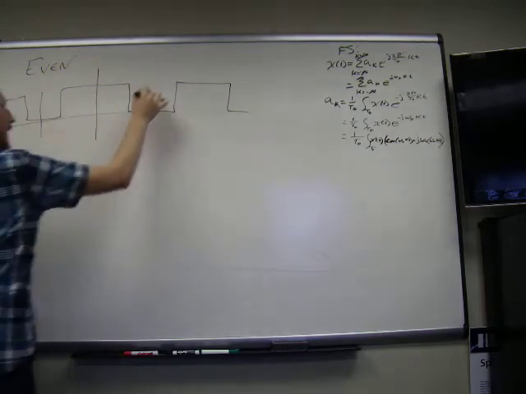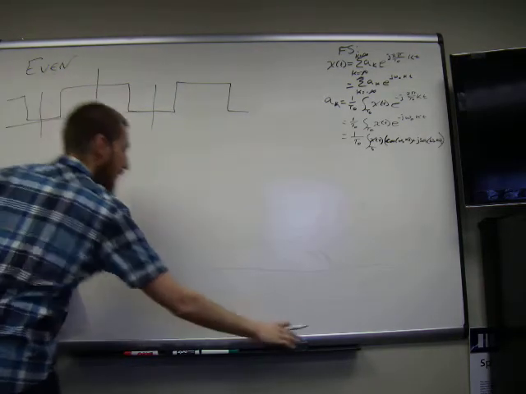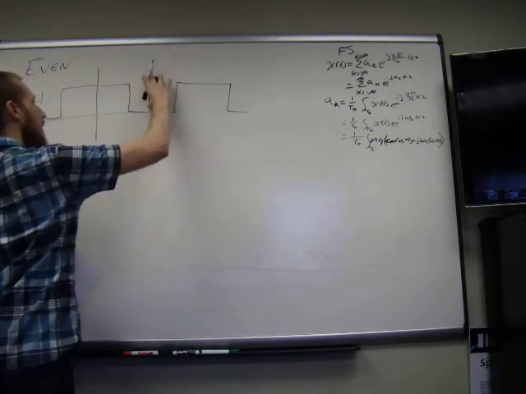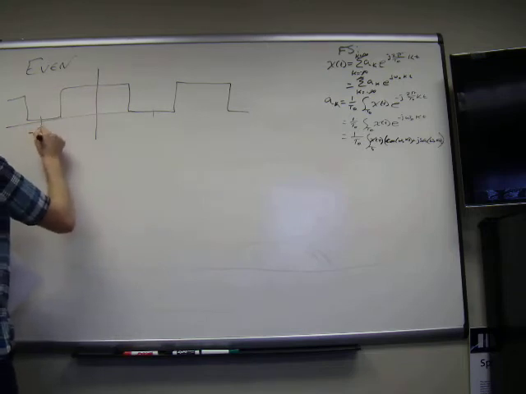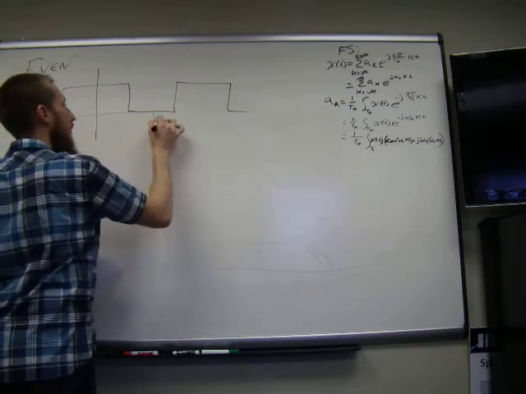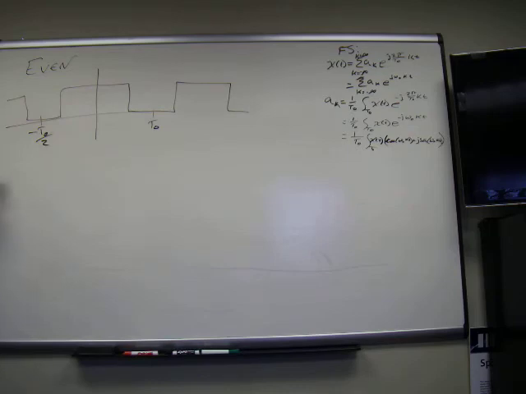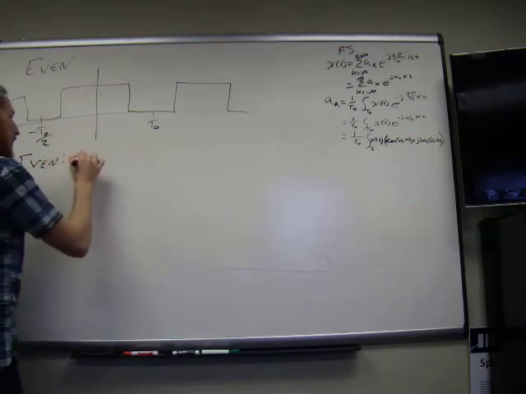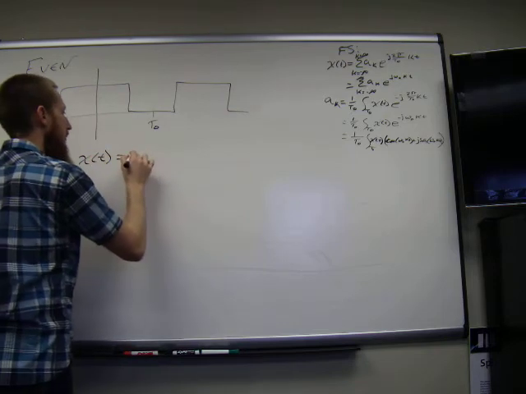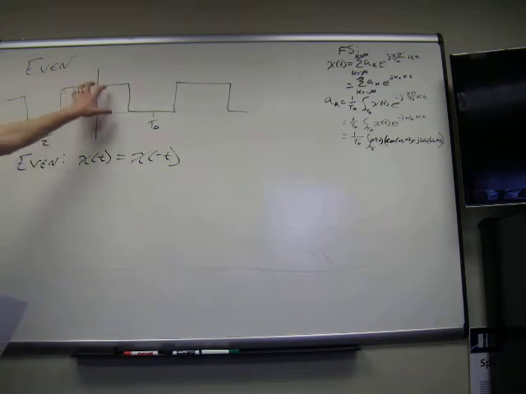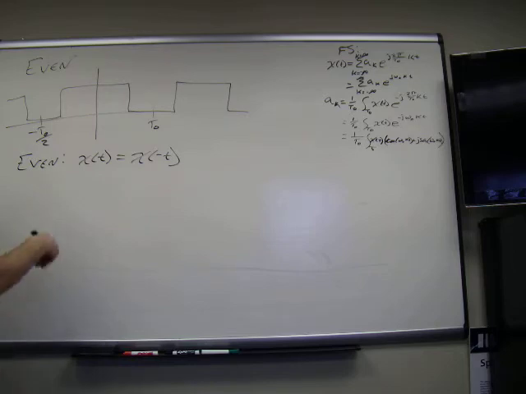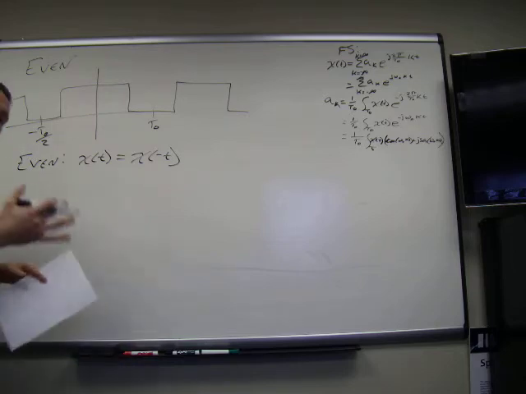Here we have the value from negative t naught divided by 2 up to t naught. And for an even function, even is defined as x of t is equal to x of negative t. Now we can see that this has some DC content because it's raised above 0. So we can no longer say that a of 0 is equal to 0.